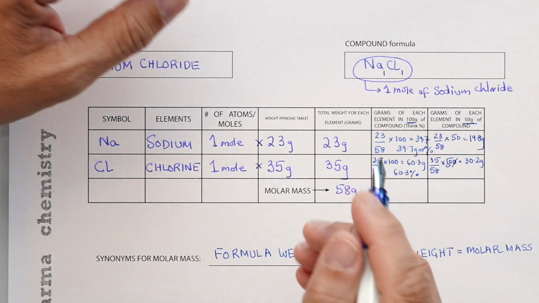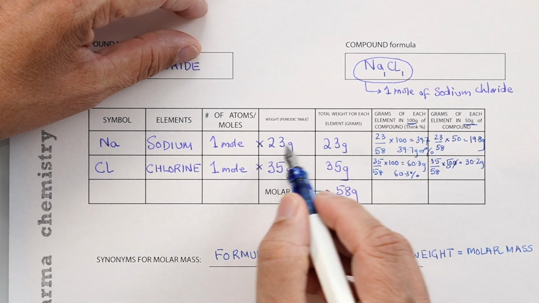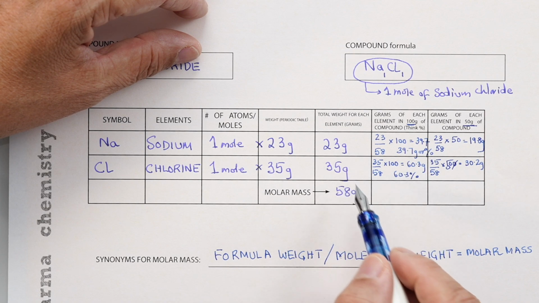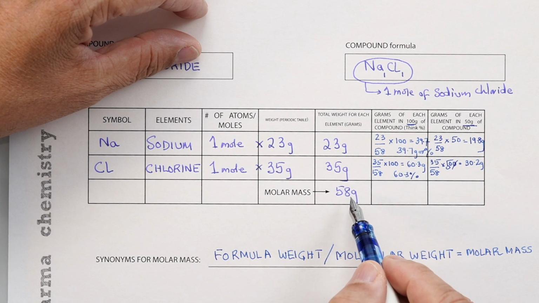Slightly nuanced difference there, but it's important that you recognize that. If I'm looking for the weight of 1 mole of sodium chloride, I add up the gram values from the periodic table, multiply them by the number of moles, I get 23 grams, 35 grams, I get 58 grams. So 58 grams is how much 1 mole of your chemical, sodium chloride, weighs.